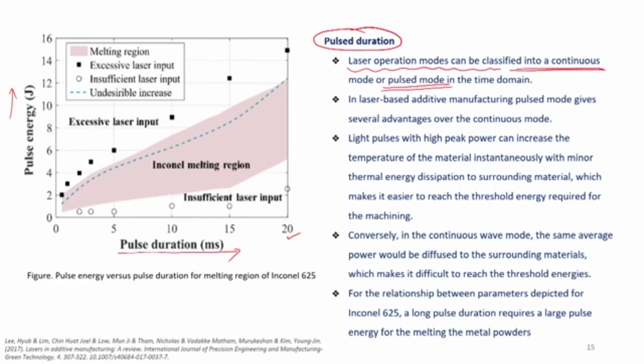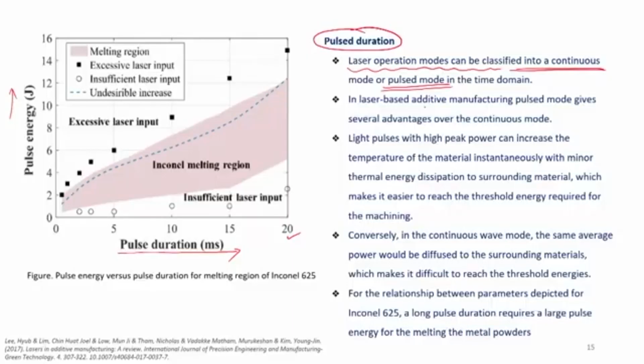Either you can apply the laser in a continuous mode without having any pulses of the laser application, or we can apply the energy in a discrete manner in pulse mode. As far as the additive manufacturing things are concerned, it is noted that the pulse mode is giving us very good advantages over the continuous mode.